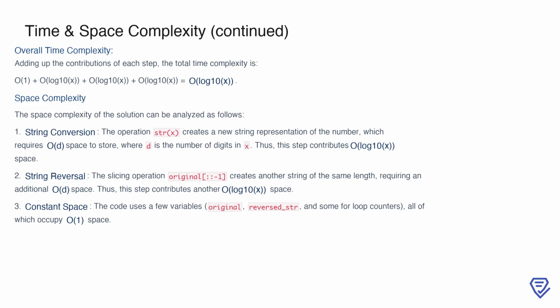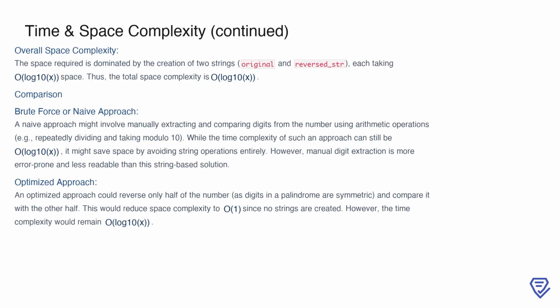Besides these, the solution uses a few variables like original and reversed_str, which occupy constant space, O(1). The total space complexity is therefore dominated by the two strings we create, original and reversed_str. Each requires O(log10 x) space, making the overall space complexity O(log10 x).